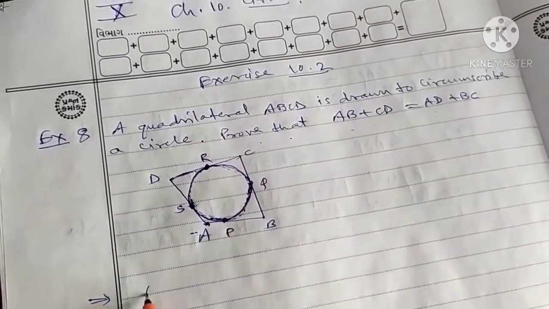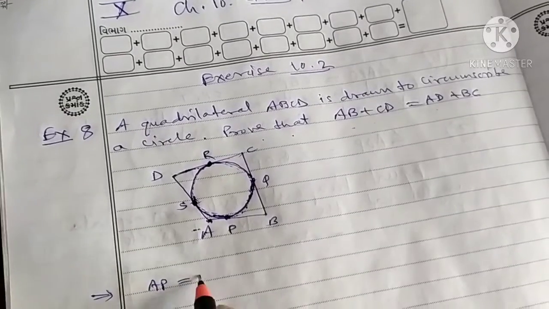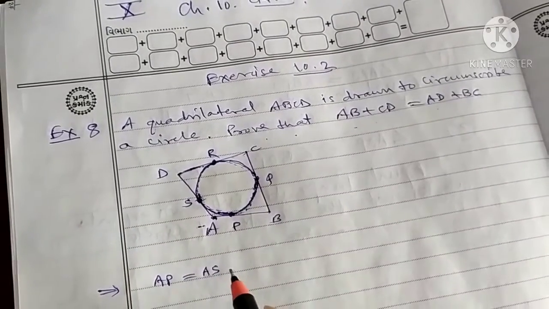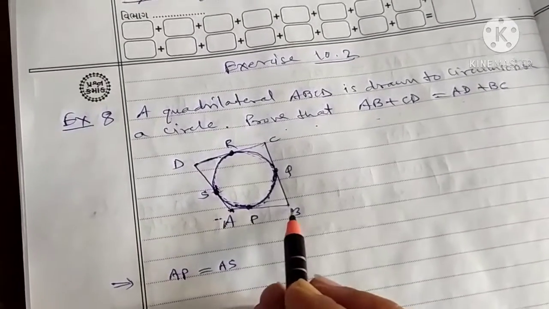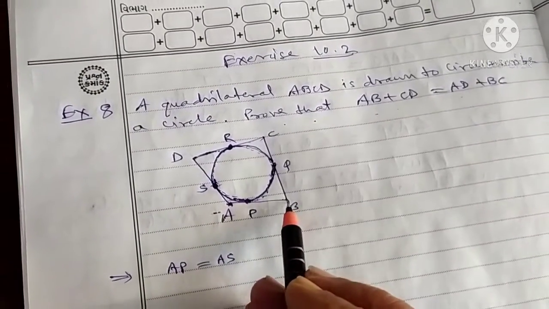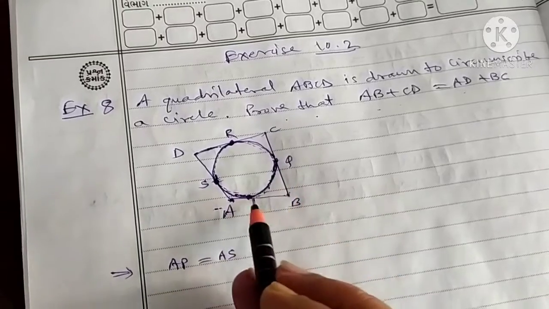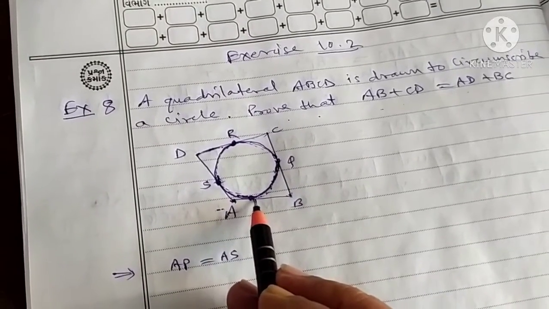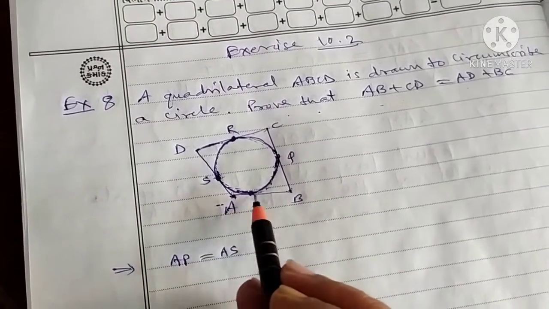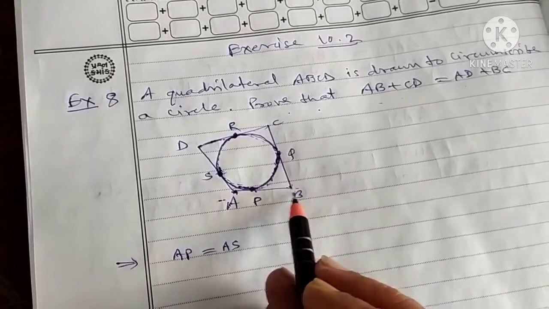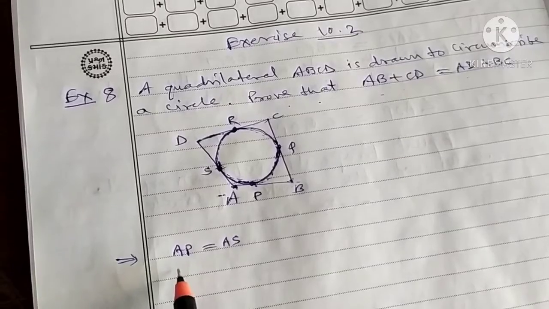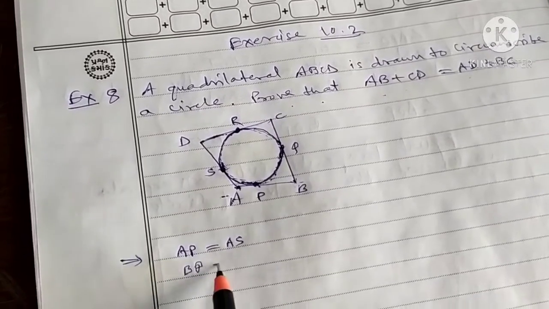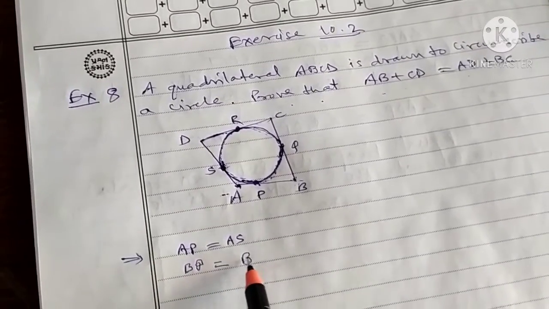You can write AP equal to AS. Then again, point B, BQ equal to BP, yes or no? Now see, AP plus BP equals AB. So I wrote AP this side, so I will write BP on the side of AP. That is BP equal to BQ.